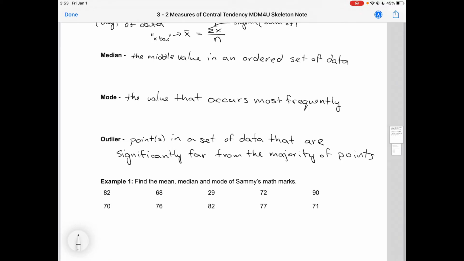In a little while, we will get into a mathematical way to calculate the outliers, but for right now, we're just going to use our judgment in determining what is significantly far from the majority of points.